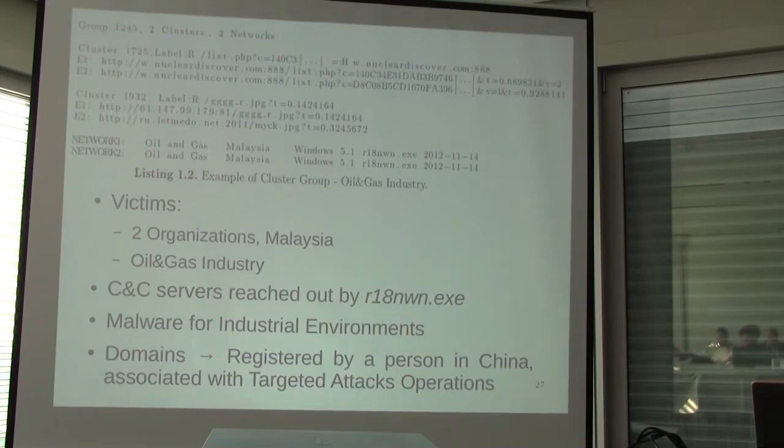So I'm not saying that the tool does everything automatically, but at least it provides the security analyst a starting point for further investigation, and is able to reduce the huge amount of incidents that we see daily from a lot of infections all around the globe, only to those that are more related to targeted attacks.